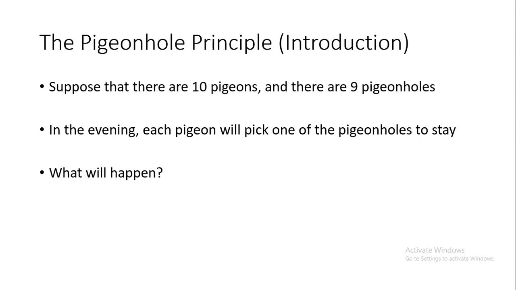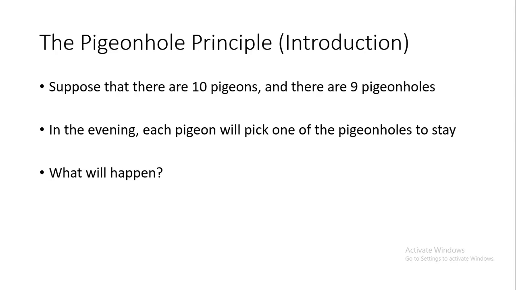In the last lecture, we saw the introduction to the pigeonhole principle. Suppose that there are 10 pigeons and 9 pigeonholes. In the evening, each pigeon will pick one of the pigeonholes to stay. Then what will happen?